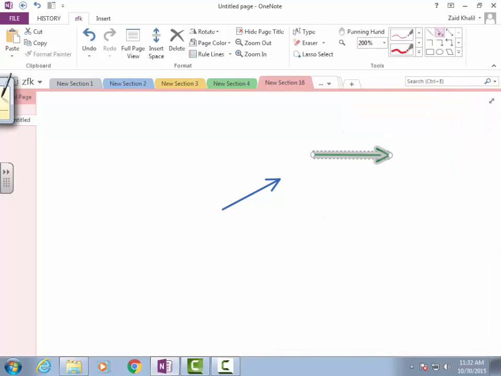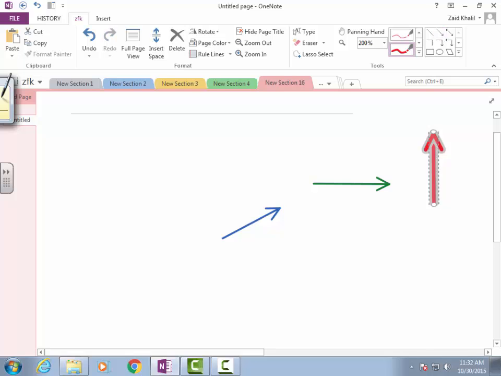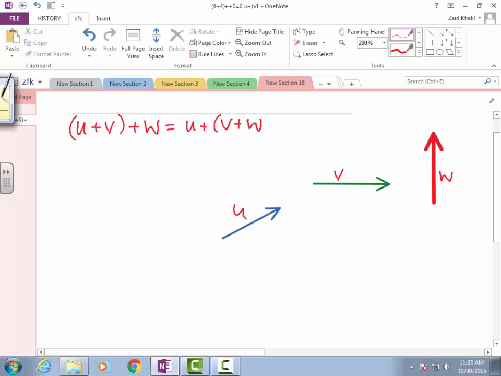So this is u, v, w. And so associative says what? u plus v plus w is equal to? So how do we show that? Which one do you want to start with first? Let's start with this side. So what's that?